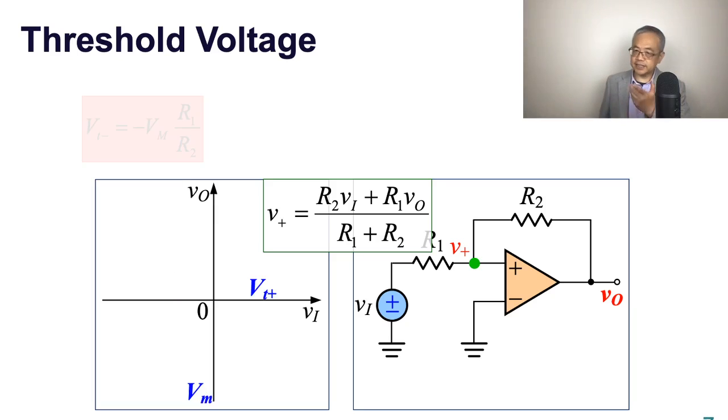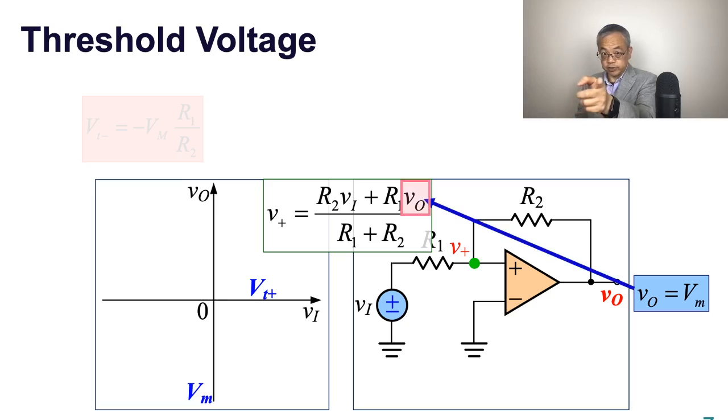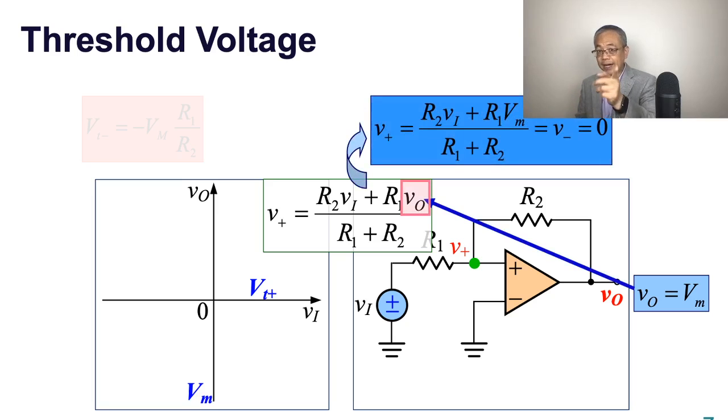Let's move on to the second threshold voltage, which corresponds to the blue state. You do this again. Command V positive equals 0, and replace VO by the blue saturation voltage.